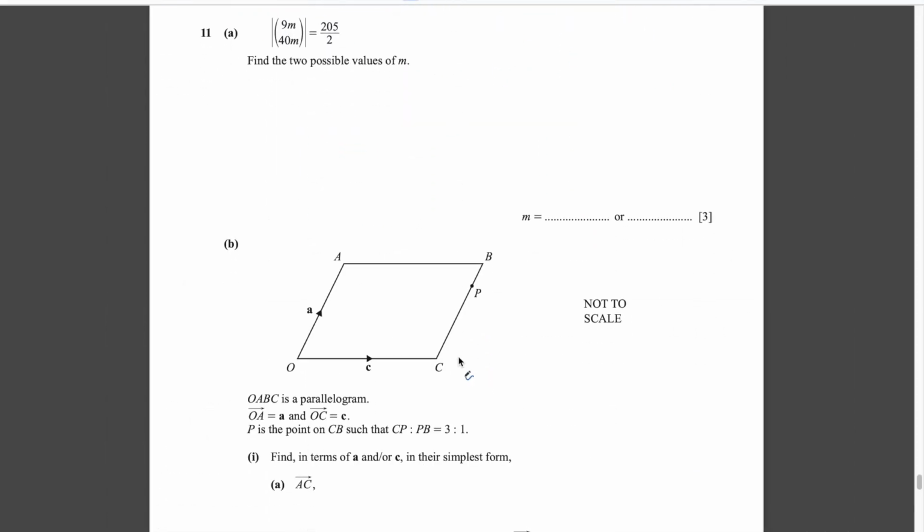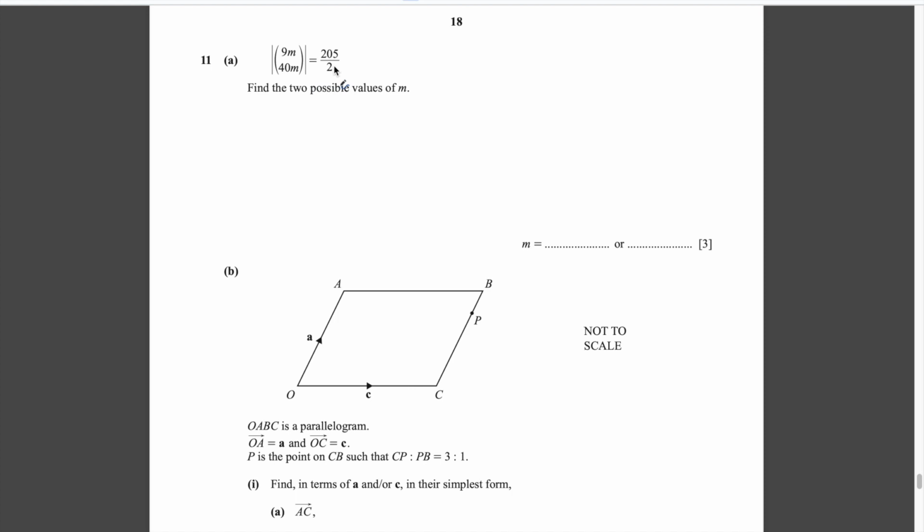Question number 11, it says magnitude of a vector is root 205 over 2, 9m and 4m. Find two possible values for m. We know that Pythagoras theorem is used in order to find the length of a vector. So it will become 9m squared plus 4m squared is root 205 over 2. Then, in order to get rid of radical, square both sides.